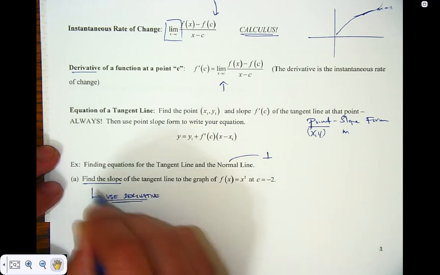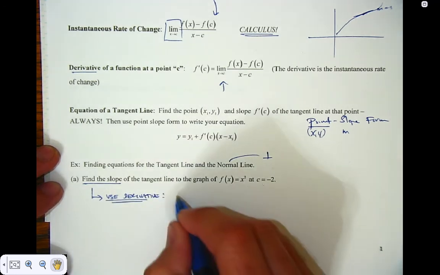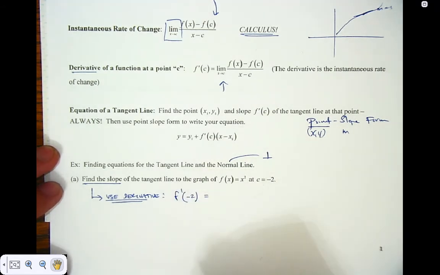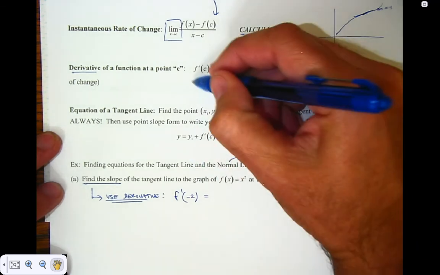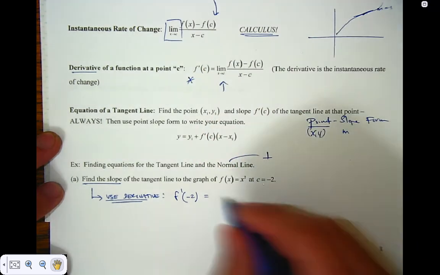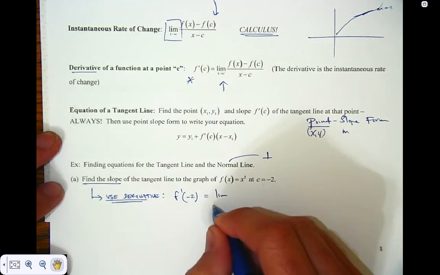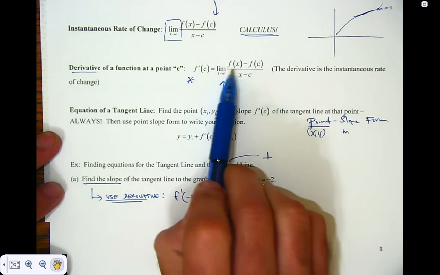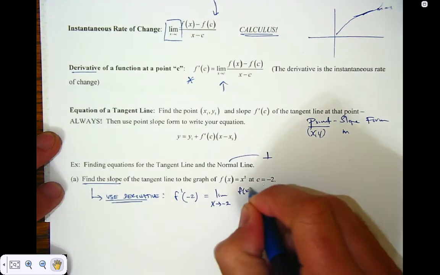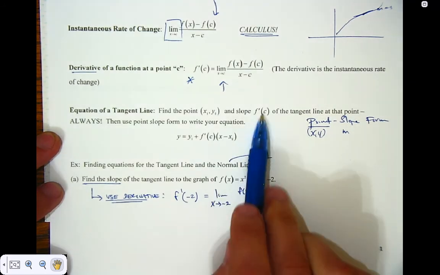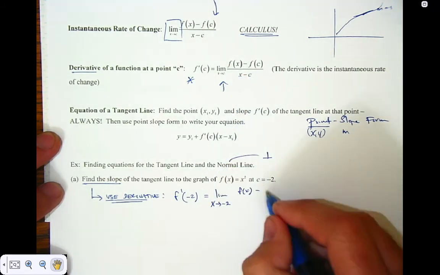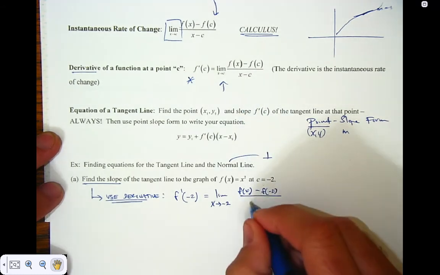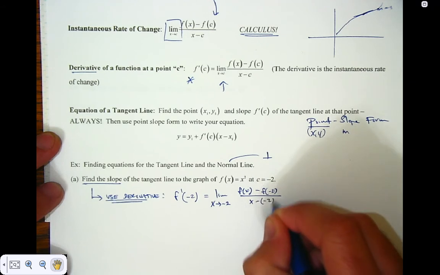Okay, underline, definition based. The derivative, f prime at this c value, -2, right? All I'm doing is I'm using this formula right here, okay, is equal to the limit as x approaches c, or as x approaches -2, of f of x, so we write f of x, minus f of c, right there, so that's f of -2, all over x minus c, so x minus a -2.